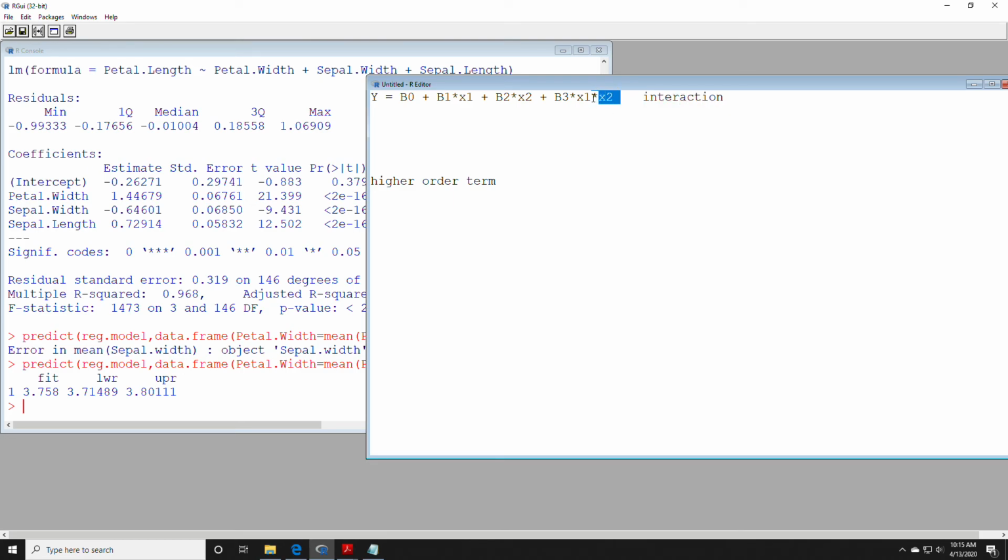These two variables not only are individually important in predicting y, but together they interact with one another in affecting the response. So that's another common example of a higher order term.